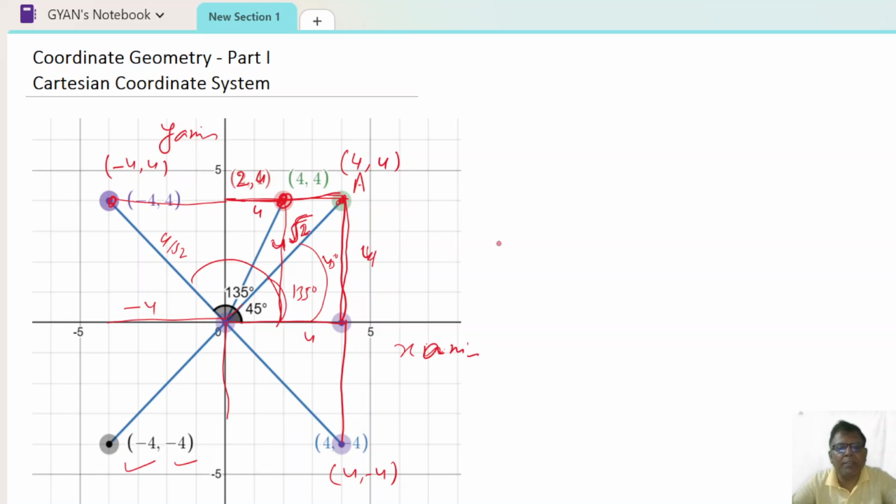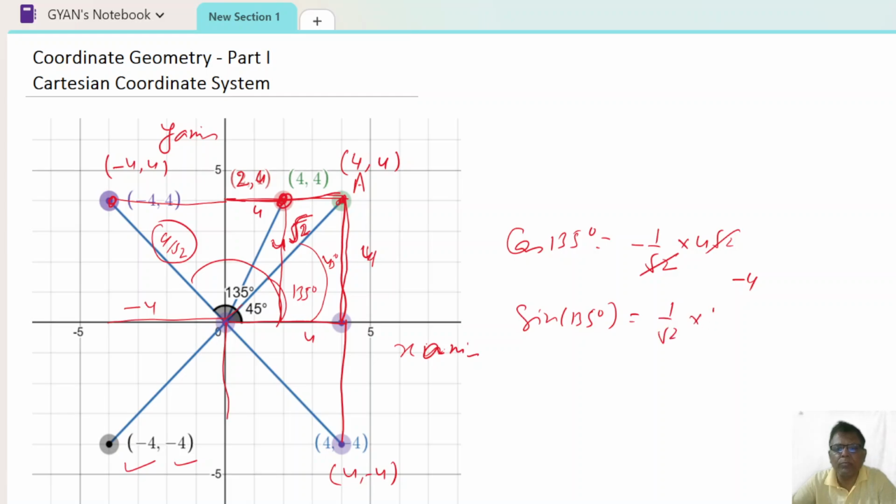So cos 135 degrees is minus 1 by root 2 and this length is 4 root 2. Multiplying by 4 root 2 gives minus 4. And sine 135 degrees is 1 by root 2; 1 by root 2 multiplied by 4 root 2 gives 4.